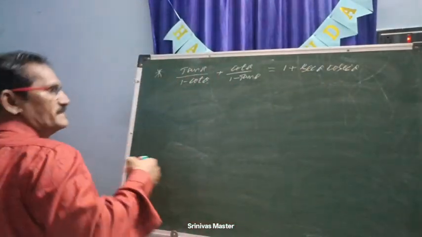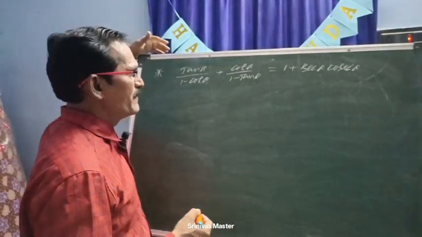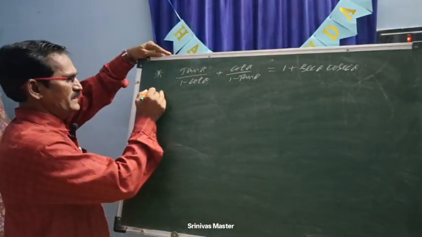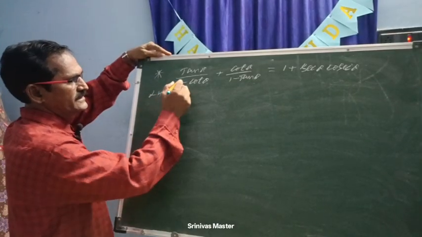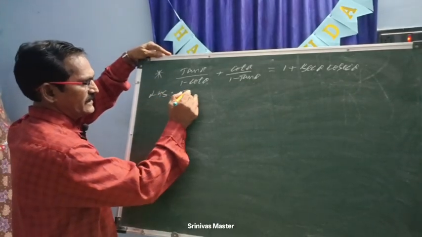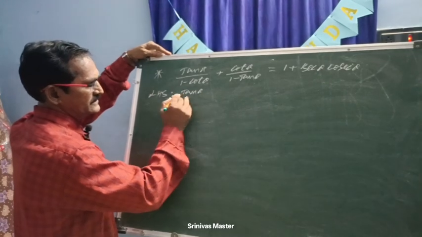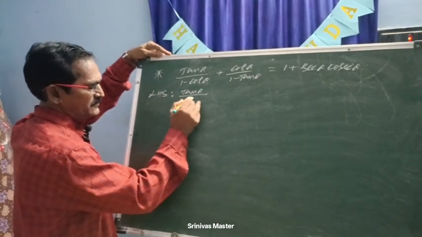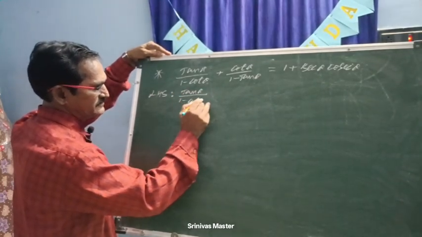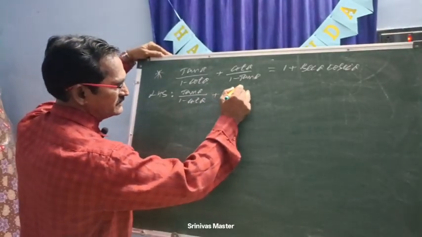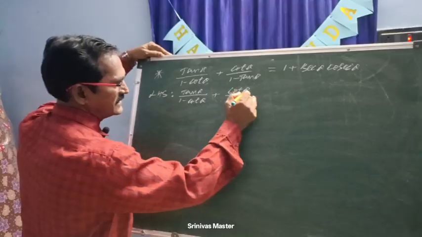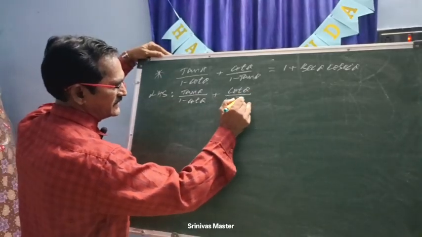See, be careful. This problem will be somewhat confusing. Take this LHS. Be careful children. Concentrate. You should be alert. What is LHS children? Tan theta by 1 minus cot theta plus cot theta by 1 minus tan theta.